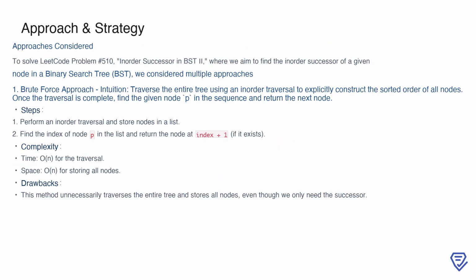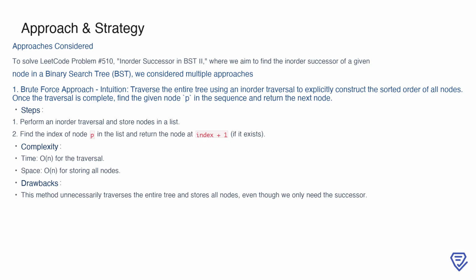To solve the problem of finding the Inorder successor of a given node in a binary search tree, we explored several approaches, starting with the brute force method. The intuition behind this approach is to perform an Inorder traversal of the tree, which naturally gives us the nodes in sorted order. Once we have the complete traversal stored in a list, we can locate the given node and simply return the next node in the sequence.